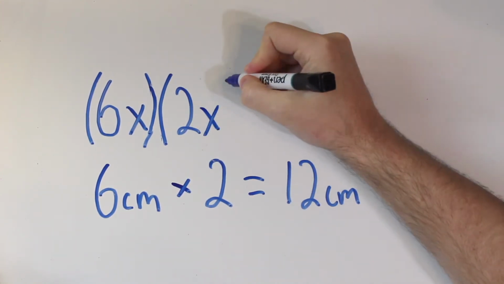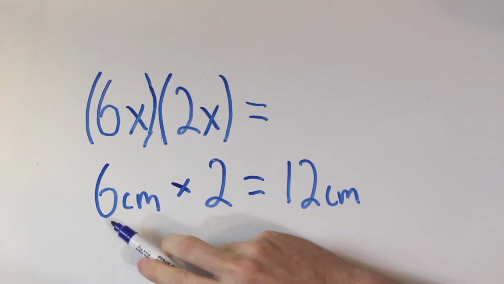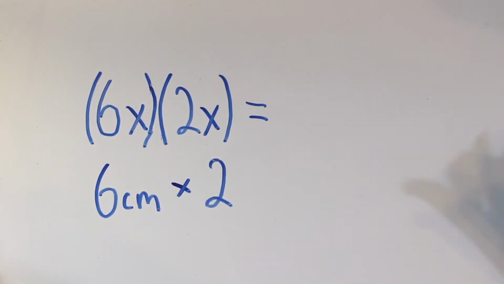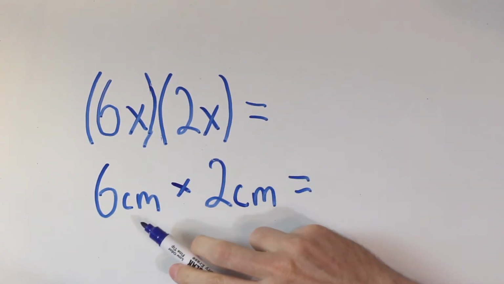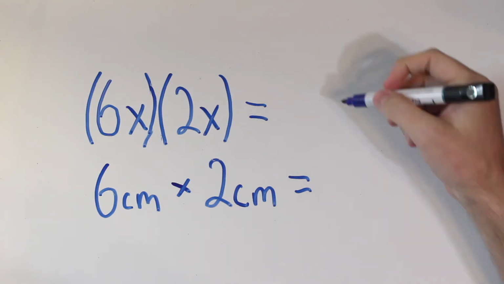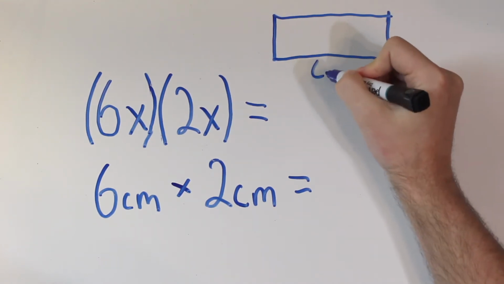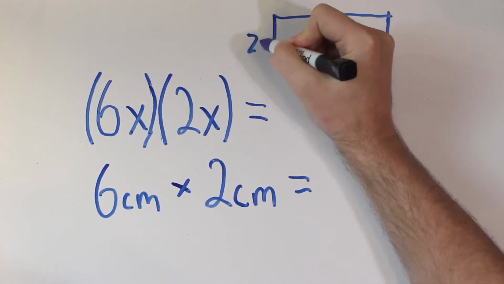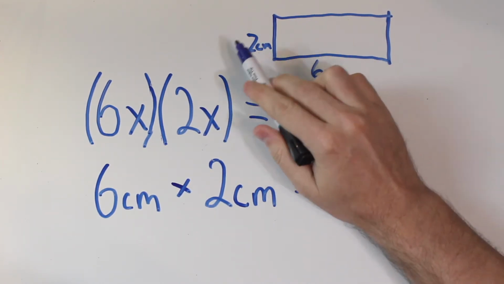So we can't just think of 6 centimeters multiplied by 2, we need to think of 6 centimeters multiplied by 2 centimeters. Can you think of anything that is measured 6 centimeters by 2 centimeters? How about a rectangle that is 6 centimeters long and 2 centimeters wide? To find the area of this rectangle, you'd multiply the 6 centimeters by the 2 centimeters.